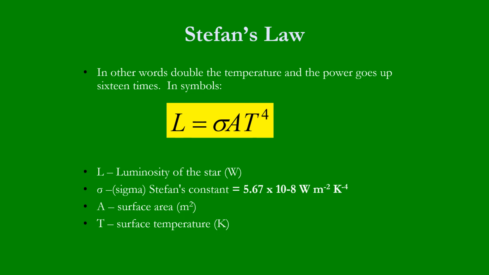So luminosity is equal to sigma times the area times temperature to the fourth power. This is on your formula sheet, and Stefan's constant is on your formula sheet as well.